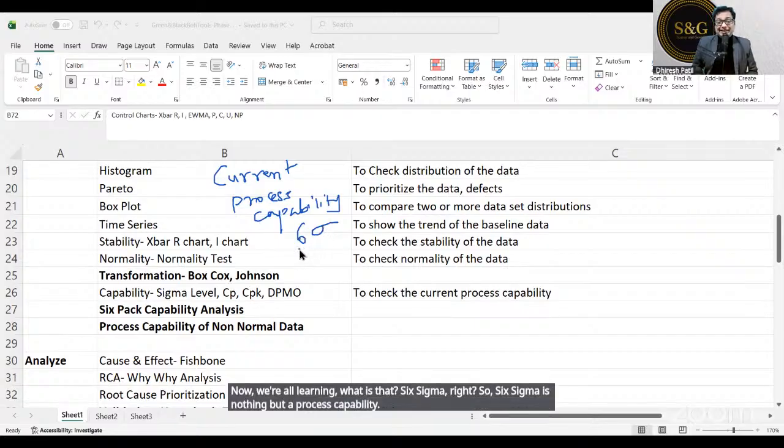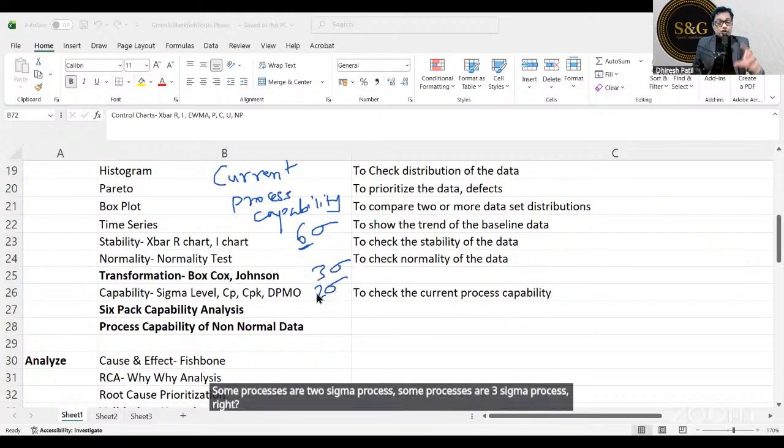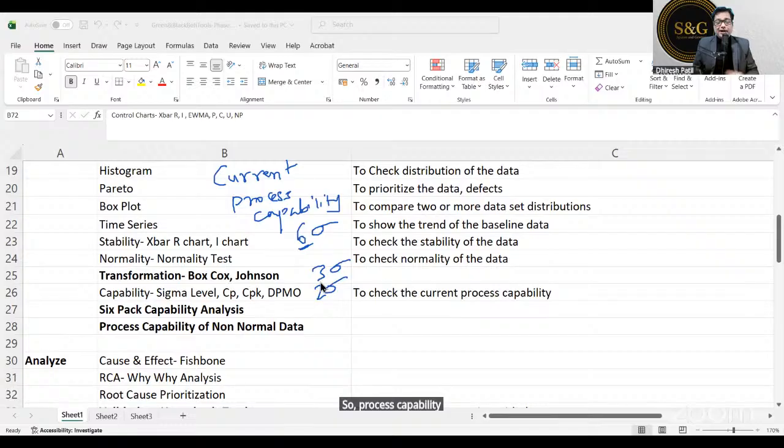This number 6 denotes the highest process capability, which is having 3.4 defects in a million. That amount of accuracy and precision. Some processes are 2 sigma processes, some are 3 sigma processes. So process capability is nothing but where my current process is right now.